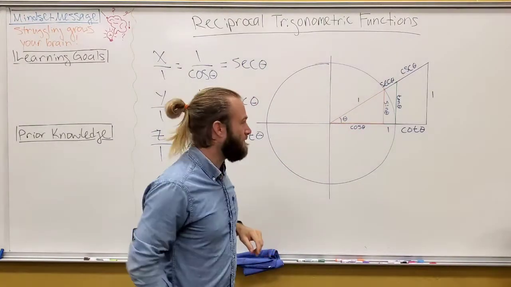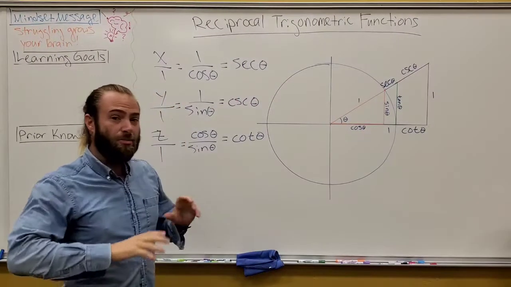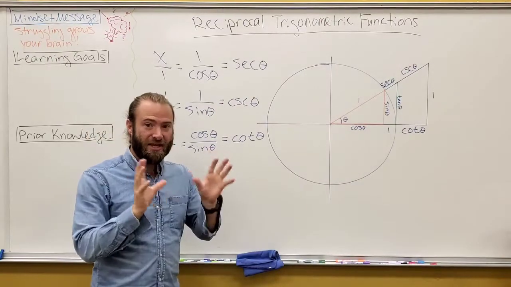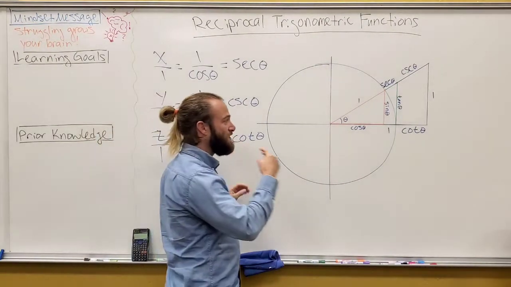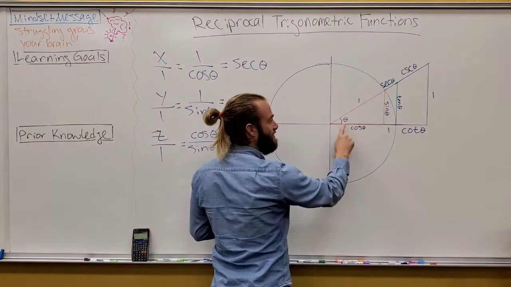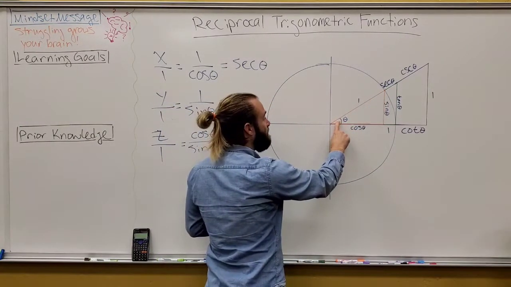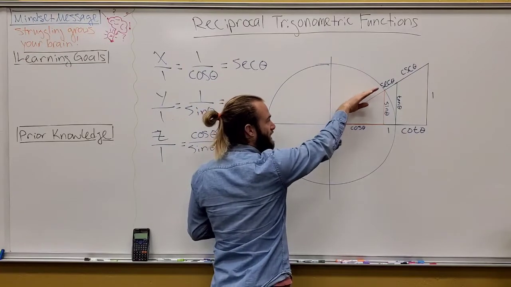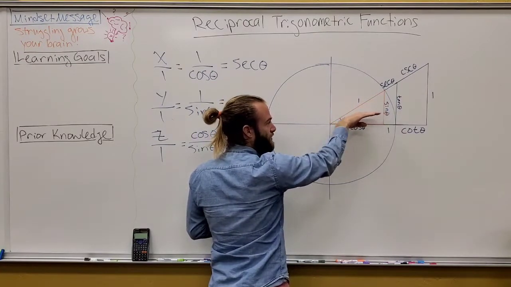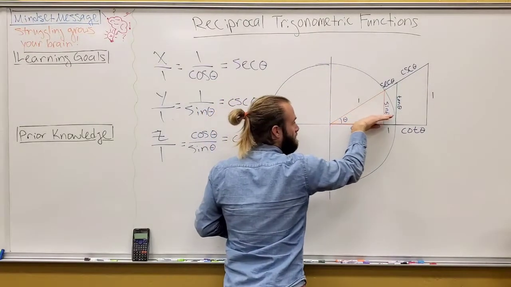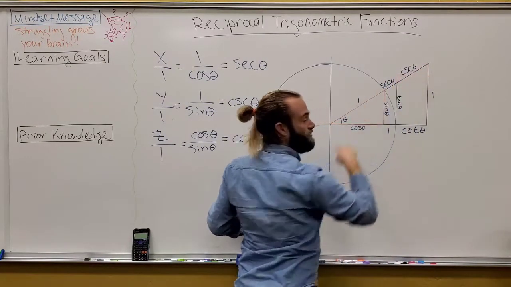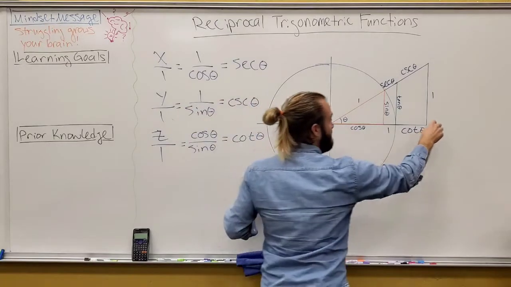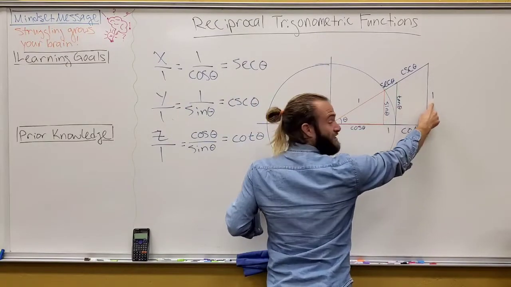I'm going to put up something for you to play with again like I have in the past, like a little applet to see. But I want you to start thinking a little bit about how these behave as this angle changes. For example, if we let theta get smaller and smaller and smaller, if you can imagine this triangle being like this, what's going to happen to this very longest hypotenuse, to the cosecant, because this is going to stay 1, right?